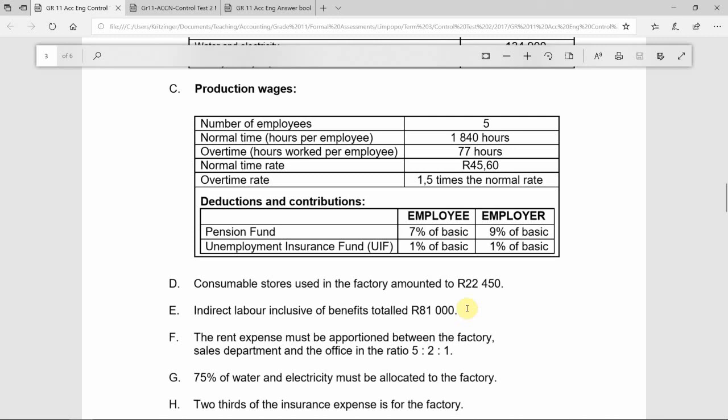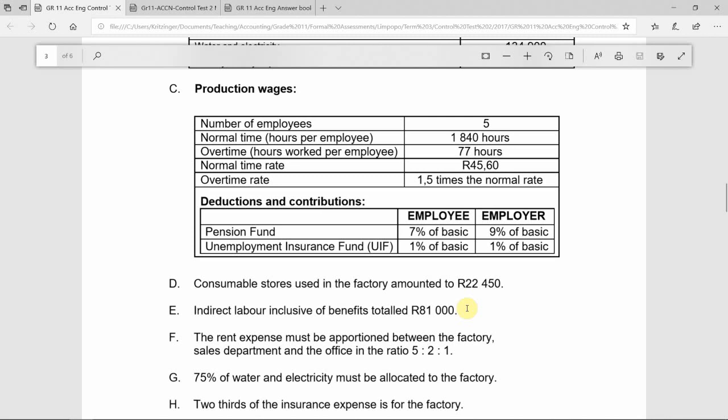So then we still have deductions and contributions. So now remember, the employee's deductions, we will deduct from the employee's salary. Okay, so it will reduce the actual cash that the employee will receive, or the check.